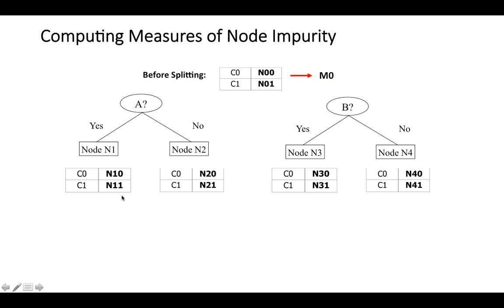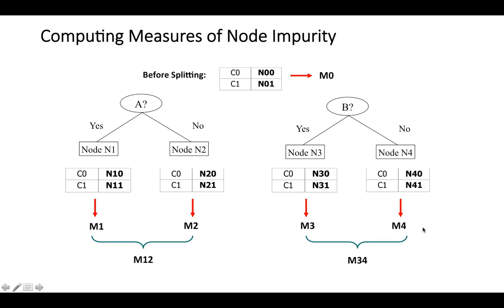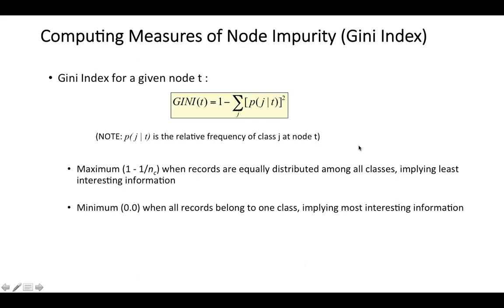We compute some measure of impurity for this node, M1, and the measure of impurity for this node, M2. And if you split on attribute B, you have the measures of impurity M3 and M4. Then we compute something called gain, the gain of information, to see whether this split or that split is best. That's the essential idea.